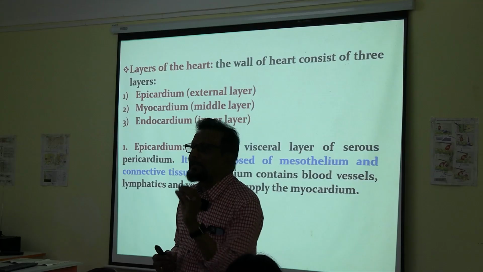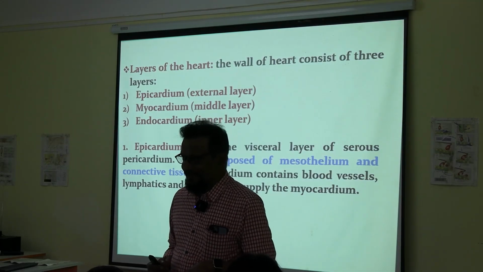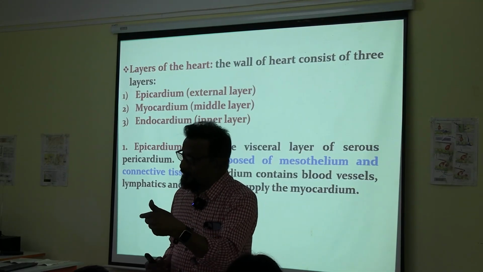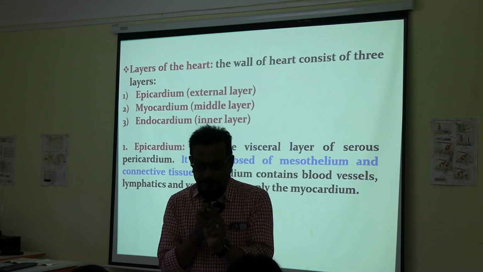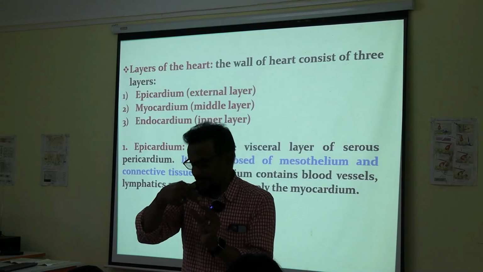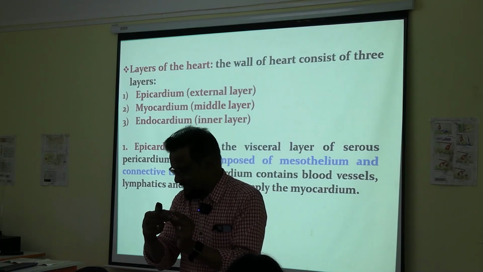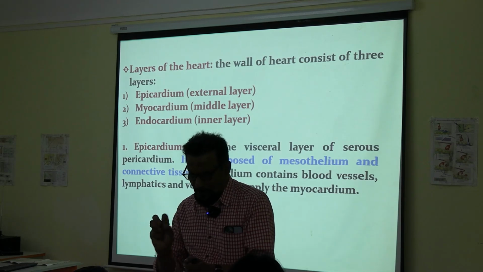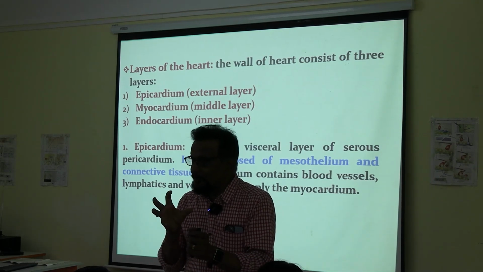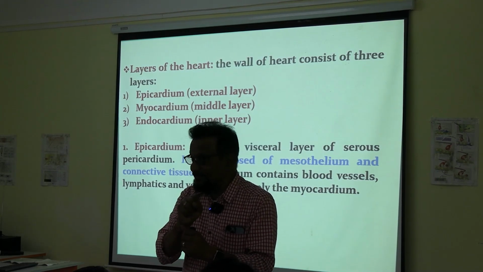So you require only little force. Why little force? Because while traveling from here to there there will be less friction, less resistance. So there is no need of creating so much pressure.